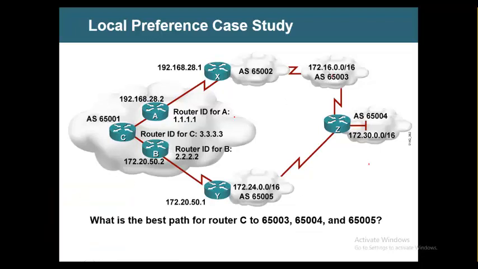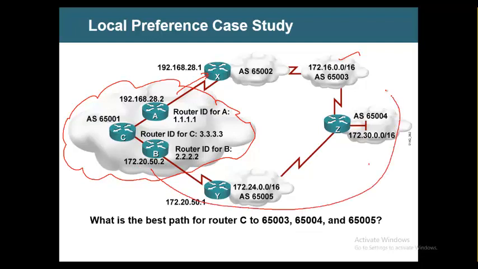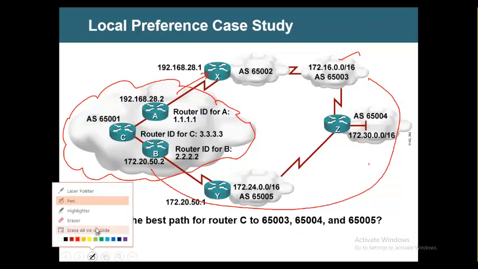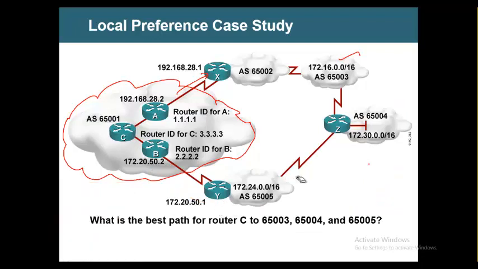To reach this network, this autonomous system should take the X exit, not Y. If it takes Y, it is a long route. You agree, no? Yeah, this is according to our thinking. According to AS path, we think. According to the number of hops, we think.